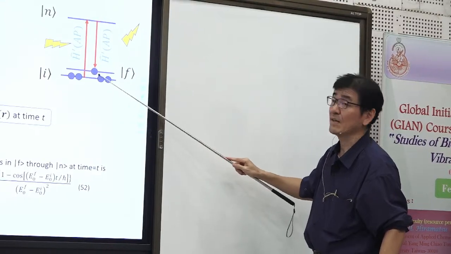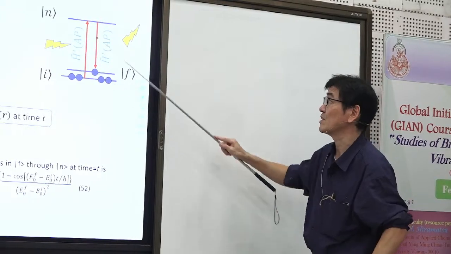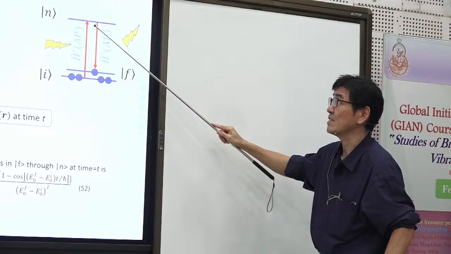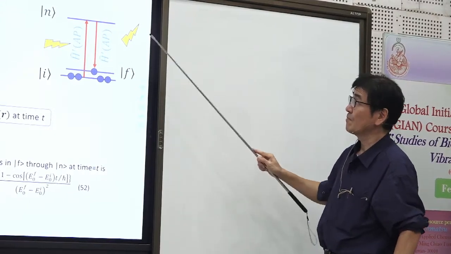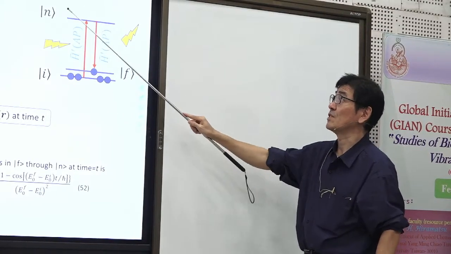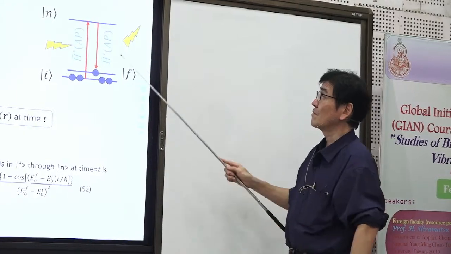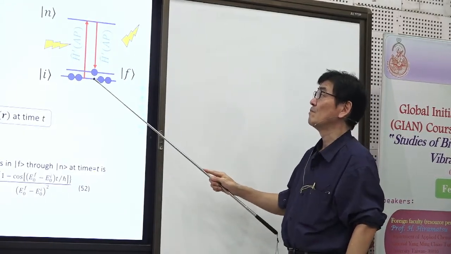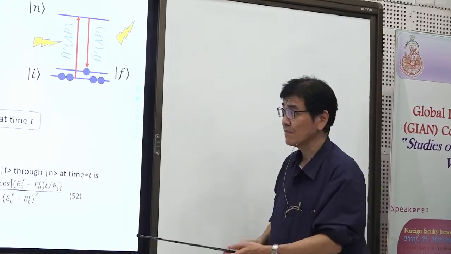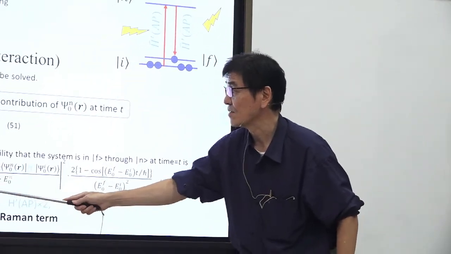It may be real or virtual. I don't care for now. But passing through N, it reaches the final state. So the energy difference between this light and this light corresponds to the vibrational energy. So we get the information of molecular vibration from this by measuring the wavelengths and the energy between this light and this light. The molecule moves from initial through intermediate and reaches the final state.